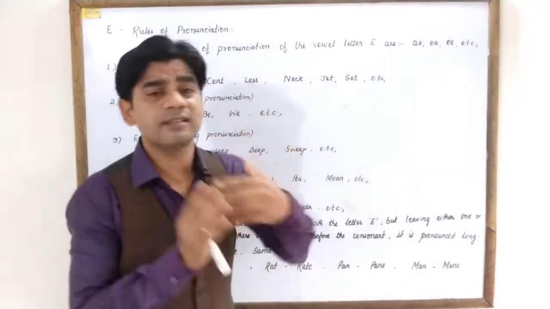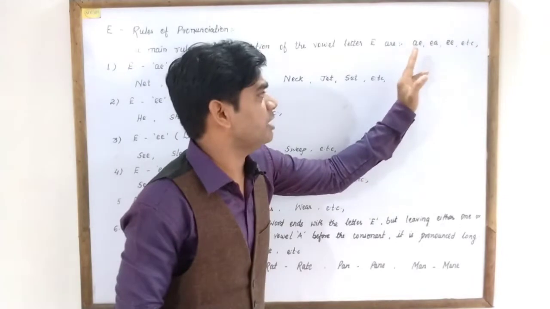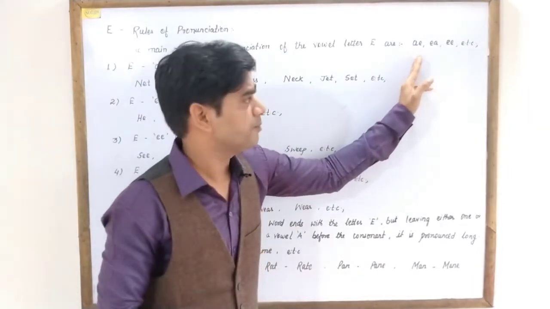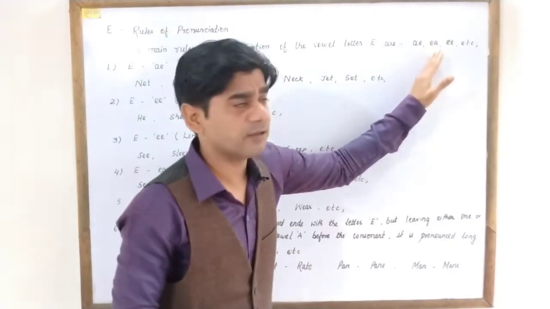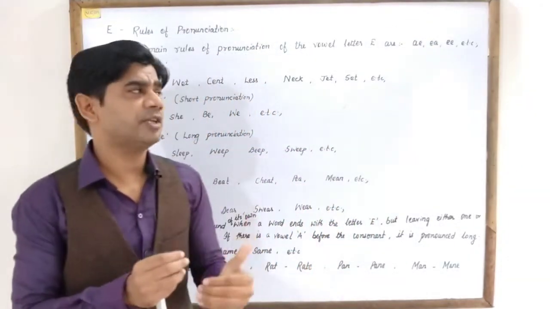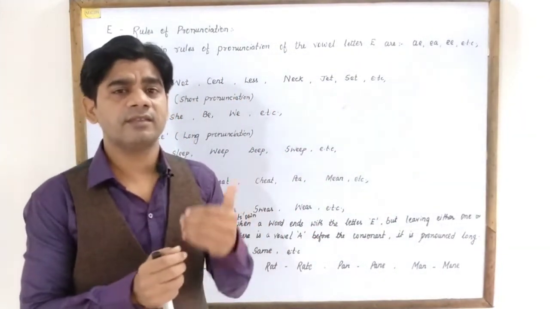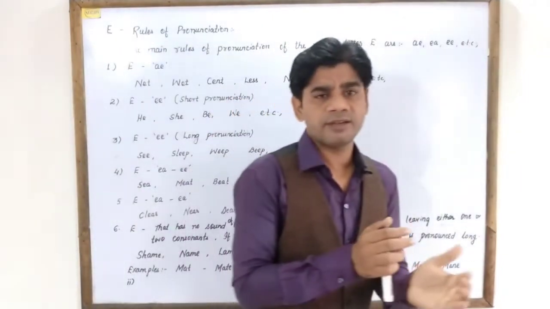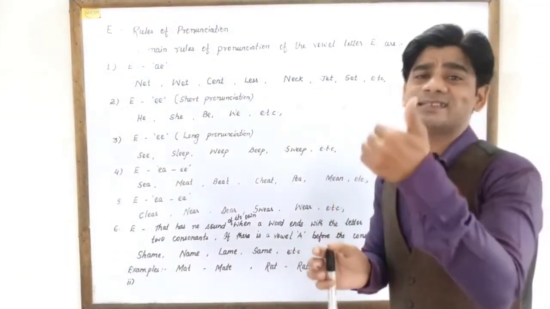Sometimes the letter E produces the A sound, sometimes the E sound, and sometimes another E sound. We will be studying all these sounds of letter E one by one in detail.